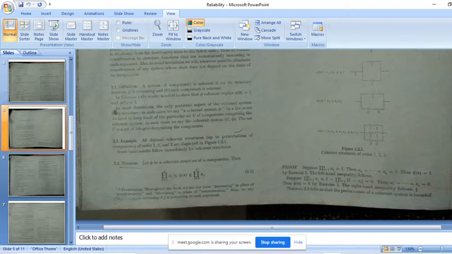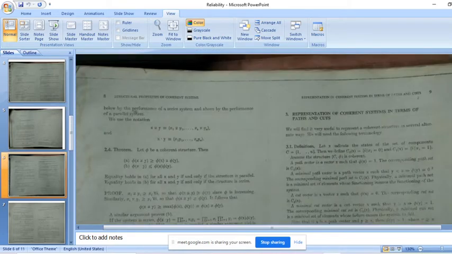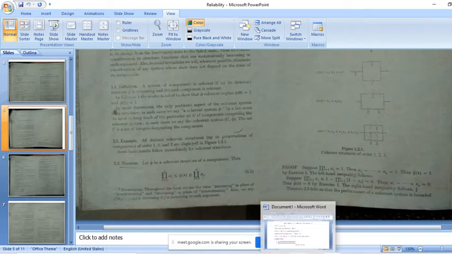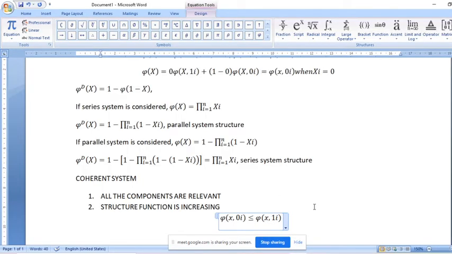Now we move to a theorem, a very important theorem that usually appears in examinations. Phi be a coherent structure function of n components. Then what is the theorem?